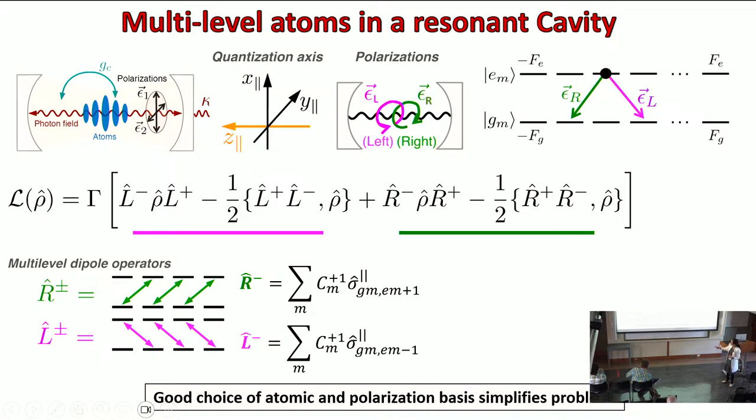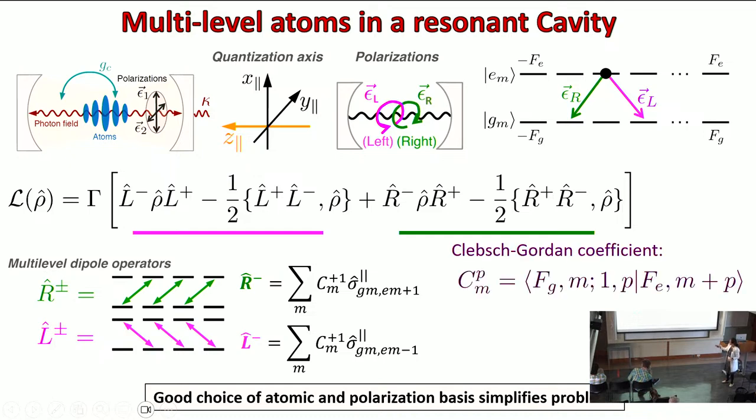So I'm summing over all possible channel transitions weighted by the corresponding Clebsch-Gordan coefficient. Sorry for the notation, but this is a collective operator that is the sum over all possible atoms. So they are collective and permutationally symmetric; we are going to be in that regime.